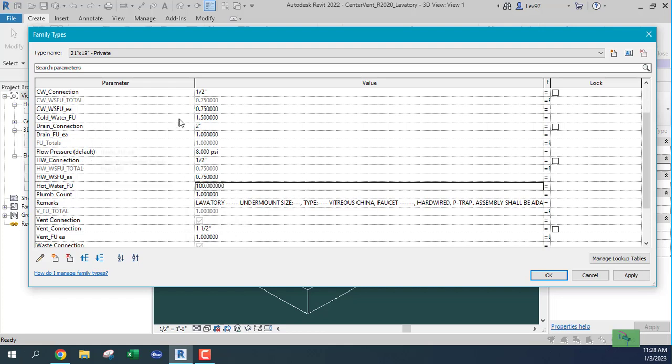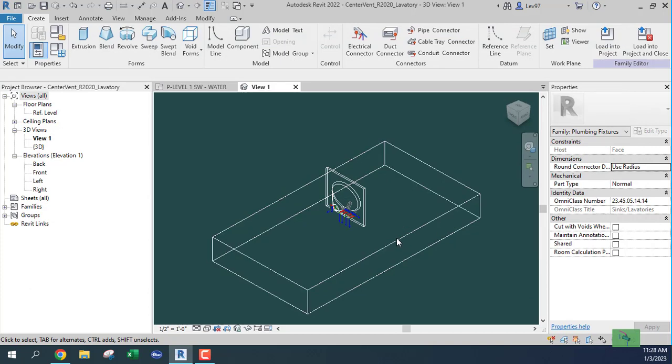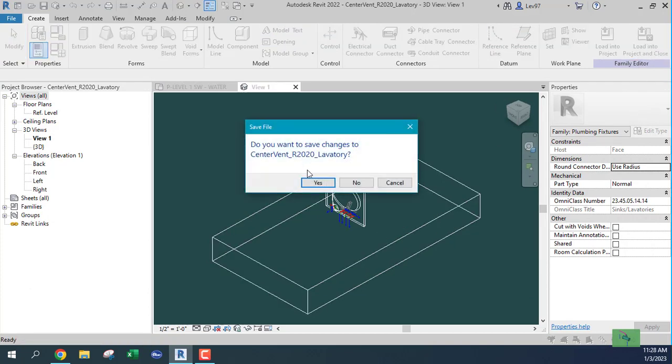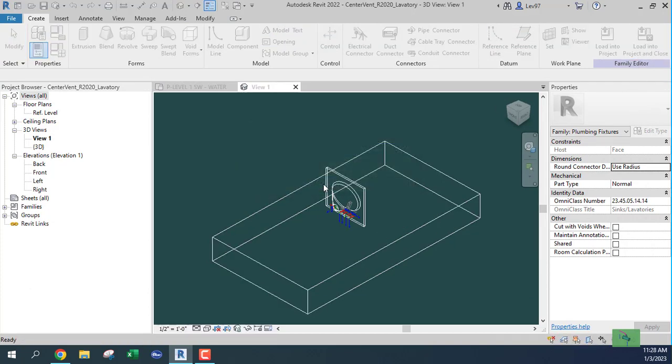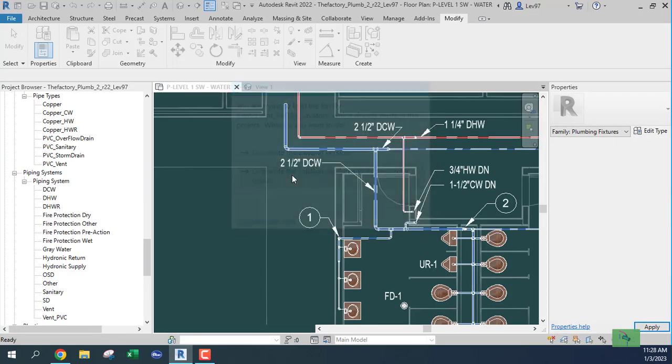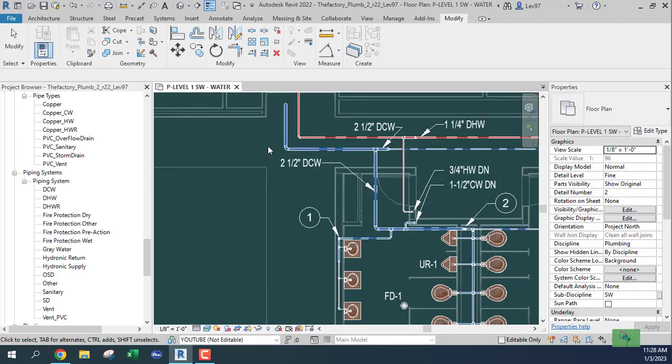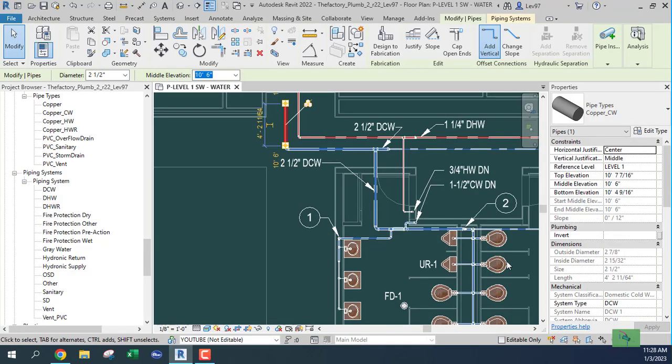And the cold water, I'm going to make it 20, because we know there's already a lot of cold water load on, I'm going to make it 15 in the system already, so I don't want to overload the system here. I'm going to keep that, and say yes to my parameters. And let's do cold water first. Let's see what we have.